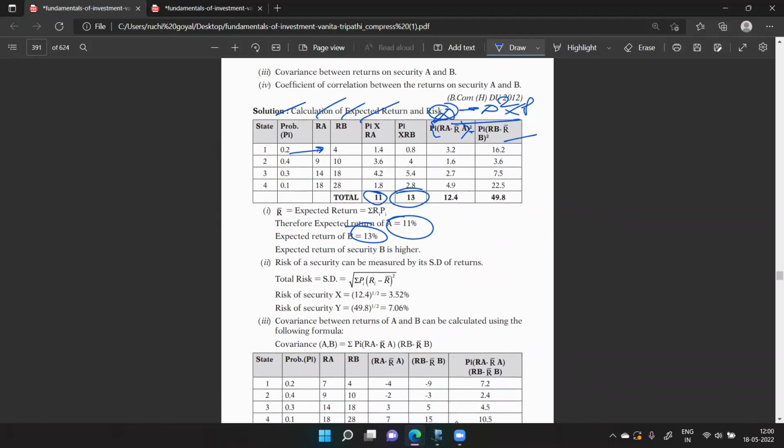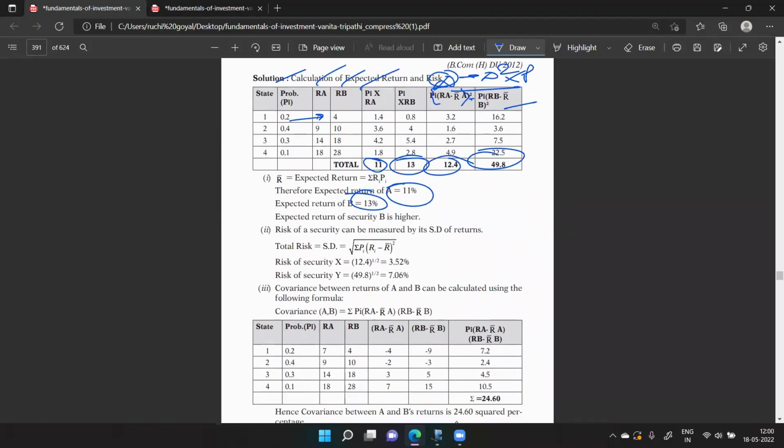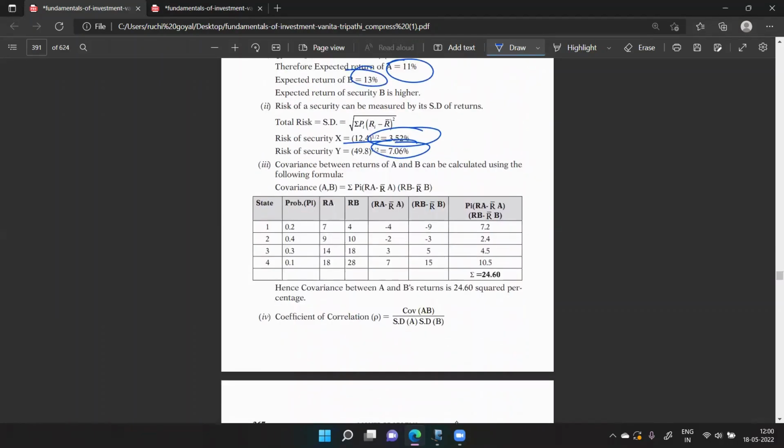निकाला ये सब step and then add. This was the variance. I had to take the square root. क्या आ गया? Risk. Covariance कैसे निकाला? P into D1 into D2.